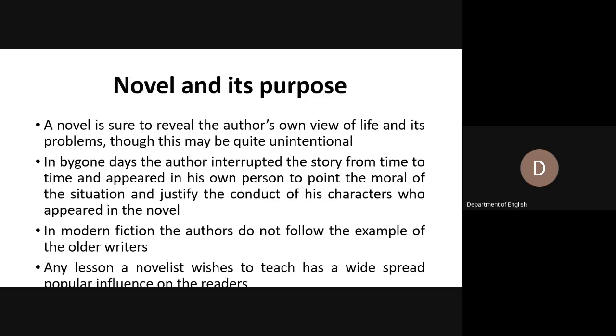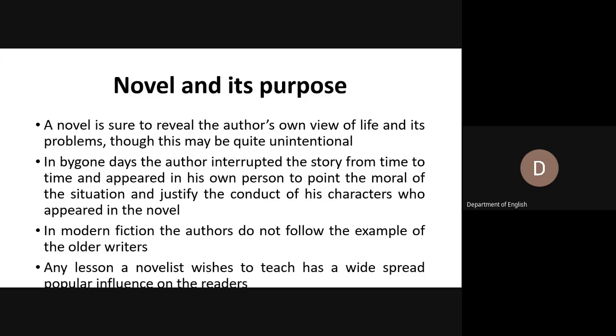In bygone days, the author interrupted the story from time to time and appeared in his own person to point the moral of the situation and justify the conduct of his characters who appeared in the novel.